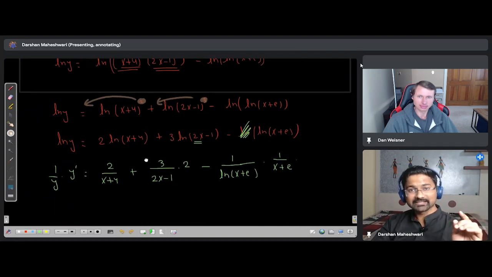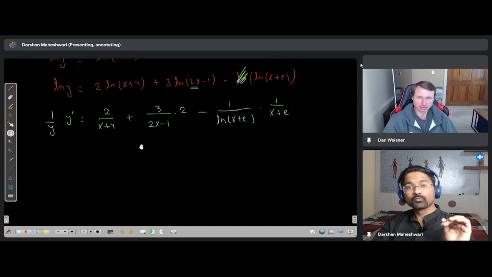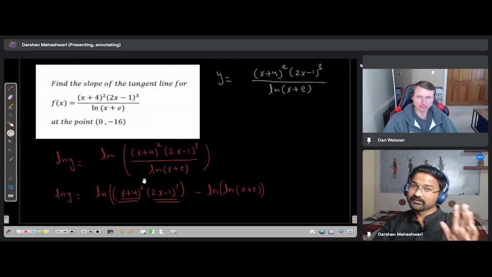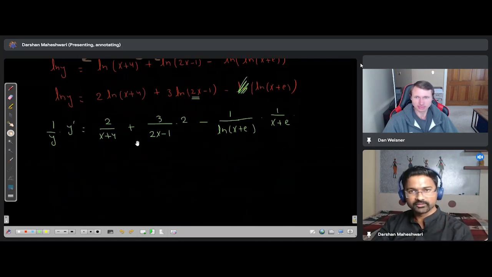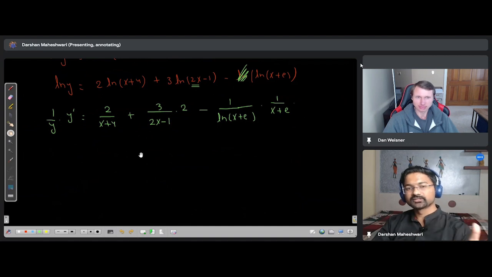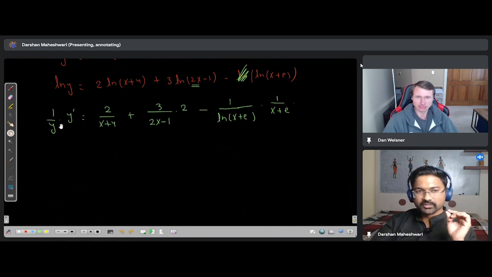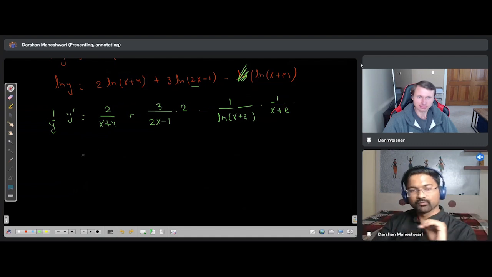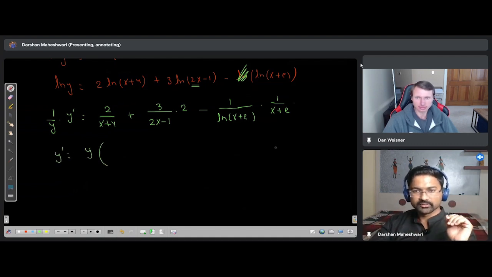So let's put x as 0 first and y as negative 16 and then try to decorate because personally it's easy to decorate constants versus variables. So I'm going to do that, but of course I'm going to multiply y both the sides so that this y prime is just left alone. I'm going to put a big parentheses over here. So 2 over x plus 4 plus 3 times 2 is of course 6, 6 over 2x minus 1, and this is just as it is.